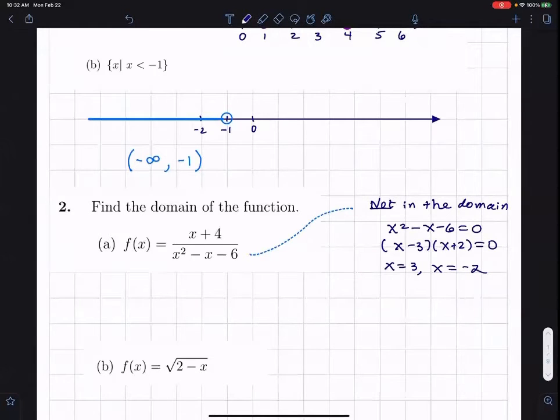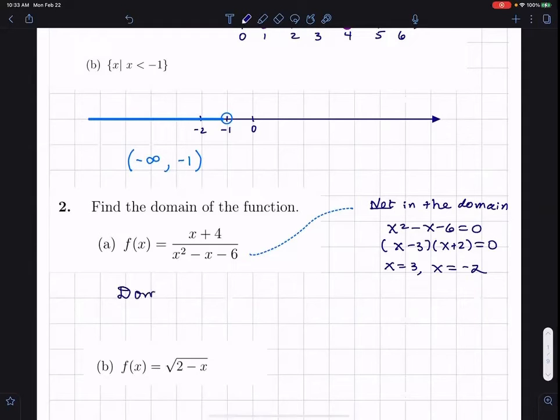Factoring is by far the quickest way to do this if it's an easy factorization. Some things don't even factor. And then I better double check. But x equals 3 and x equals -2 are not in the domain. Why? Because plugging in x as 3 or -2 gives 0 in the denominator, and we can't divide by 0.